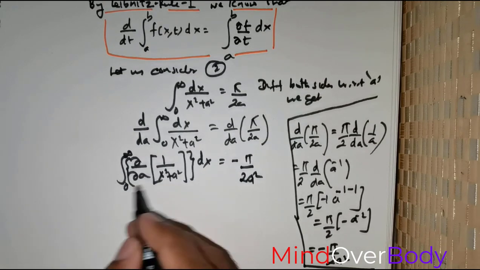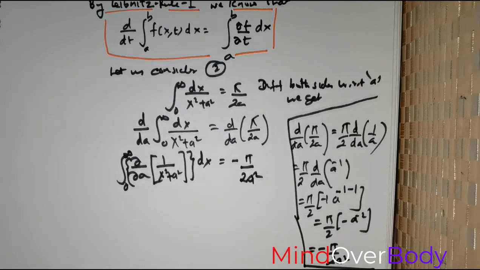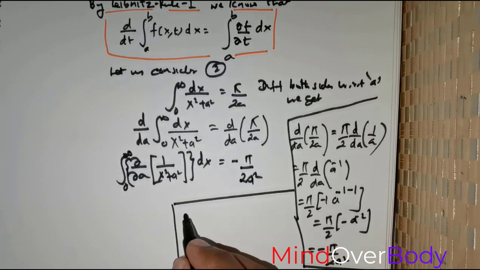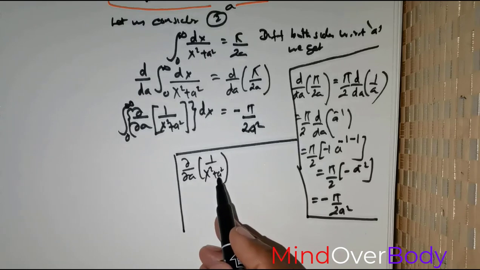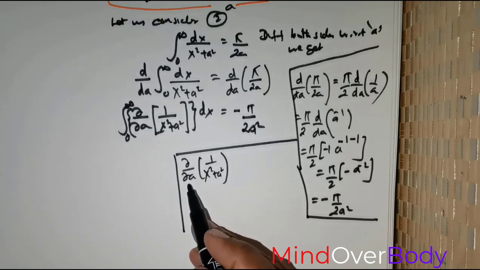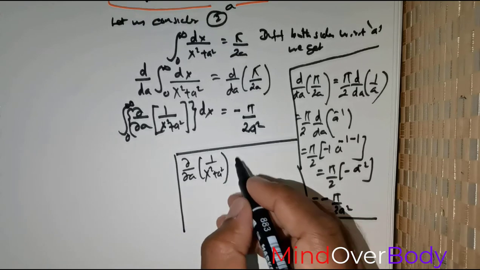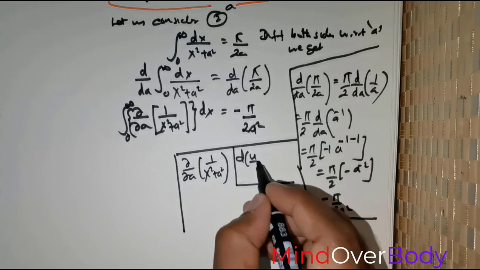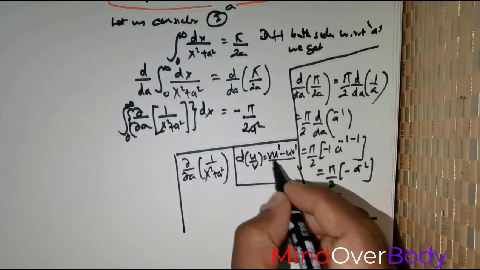So now we need to differentiate 1 over x squared plus a squared. So dou over dou a of 1 over x squared plus a squared. a is the quantity with which we are differentiating and x is constant. So this is going to be the u over v formula. For those of you who would like a recollection, d of u over v is v times u dash minus u times v dash, divided by v squared.